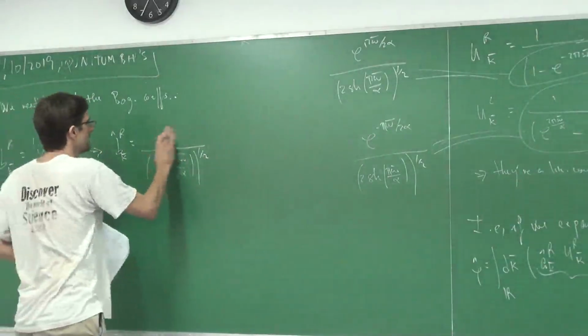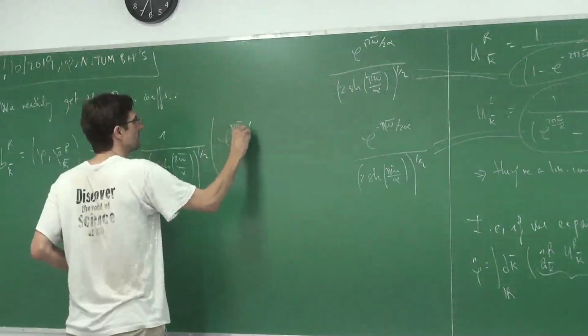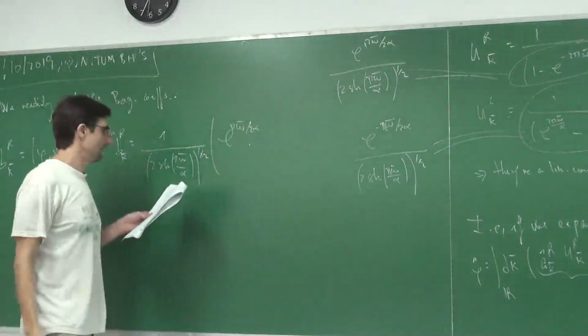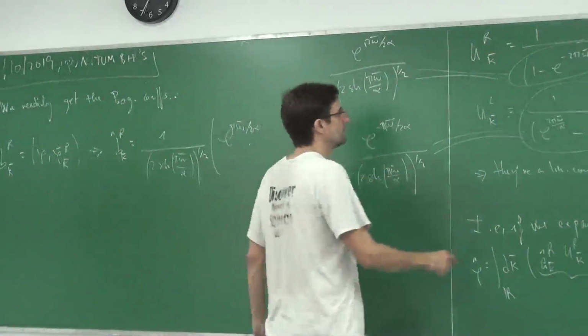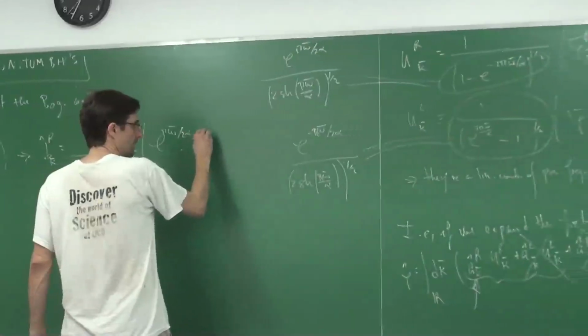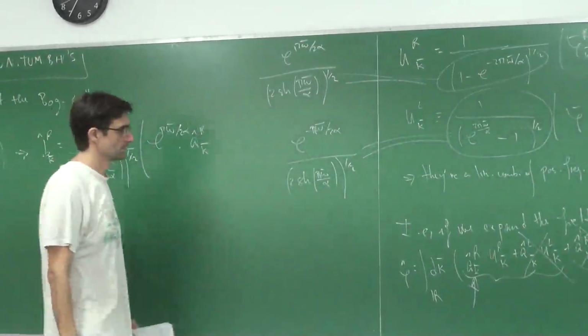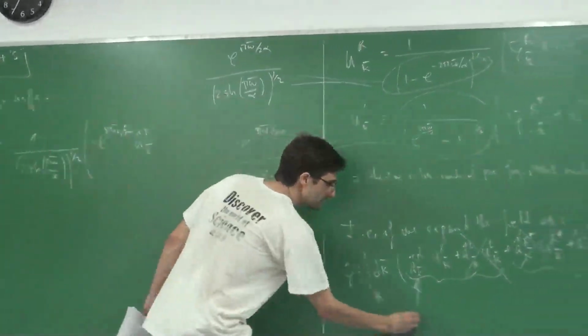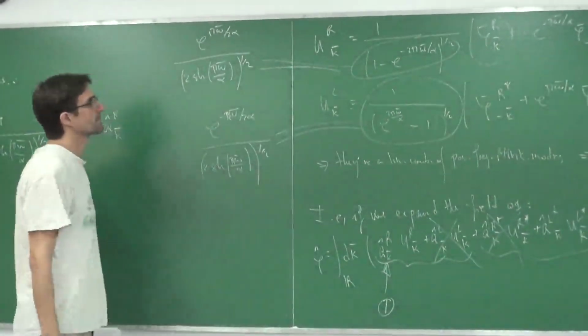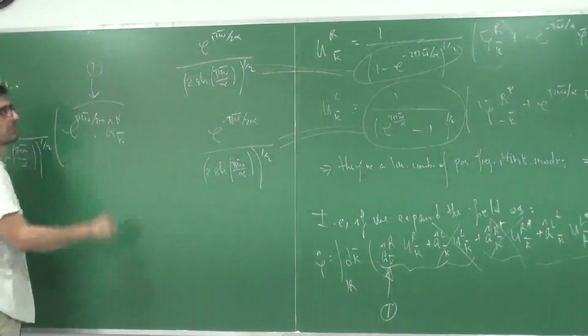Let me take this inside here, pi omega bar over 2 alpha, and then just this coefficient, like A_R k bar. Okay, so I'll call this 1, and this is coming from the term 1.